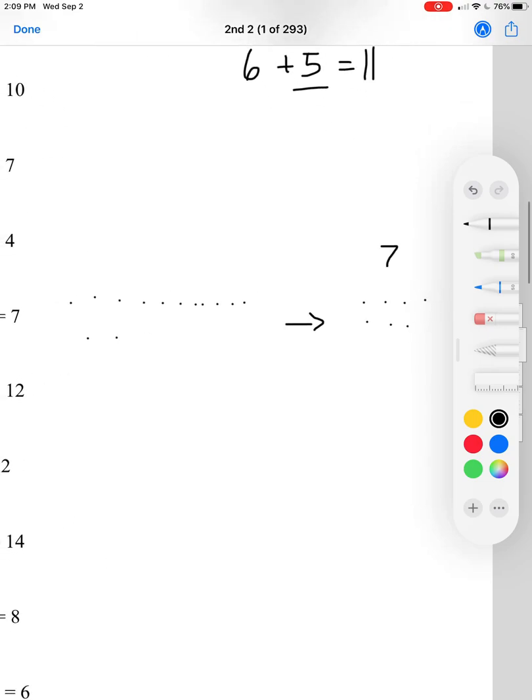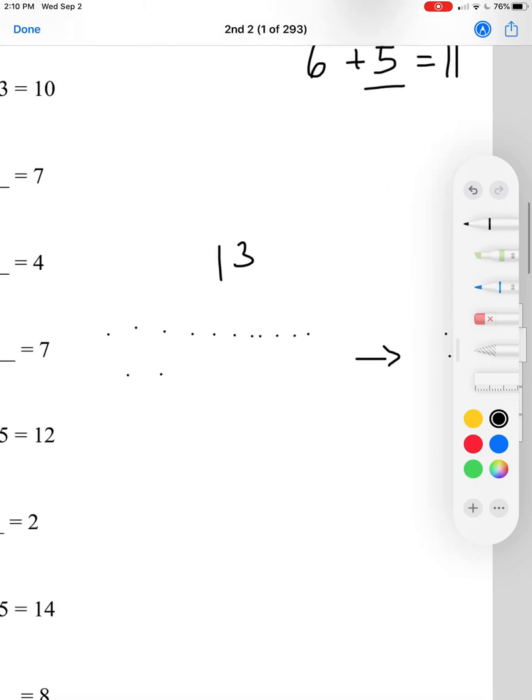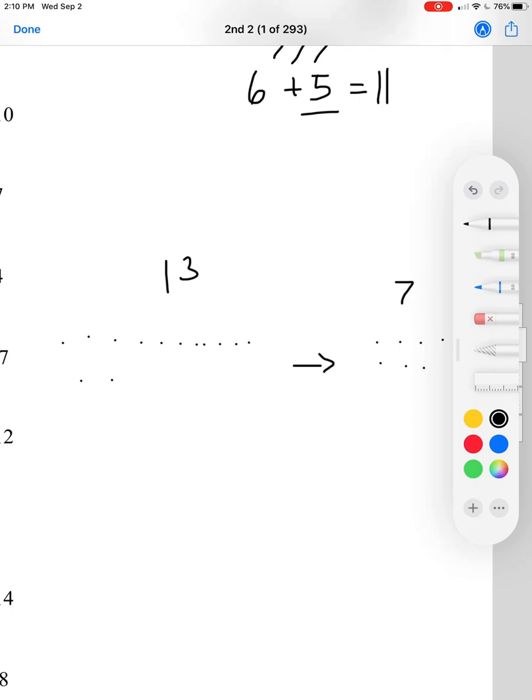So we have 7 here and 13 here. We need to find out how much you have to take away from 13 to get to 7. So you can invert the equation. You can switch it around and take away 7 here. Since we know that we have 7, we just need to find out what's left.